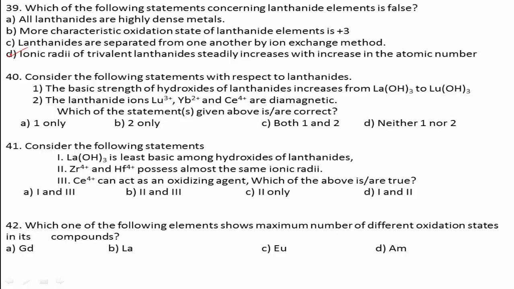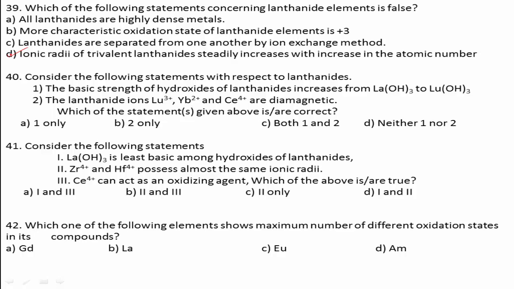Statement 2, the lanthanide ions Lu3+, Yb2+ and Ce4+ are diamagnetic. Which of the statements given above is or are correct? Option A, 1 only. Option B, 2 only. Option C, both 1 and 2. Option D, neither 1 nor 2.